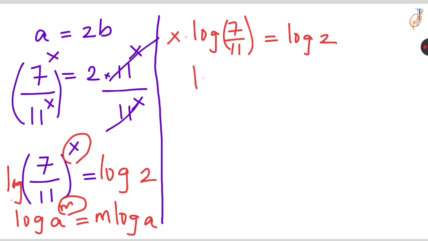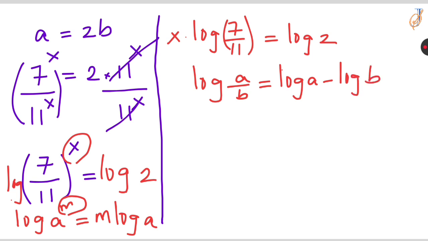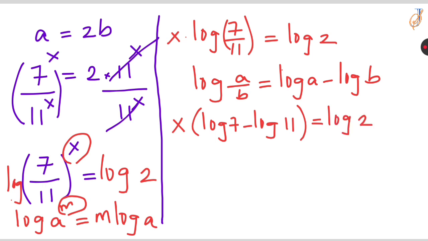It is in the form of log of a over b. According to the logarithm formula, we can write this as log a minus log b. Similarly, we can write log 7 over 11 as log 7 minus log 11, that is equal to log 2.